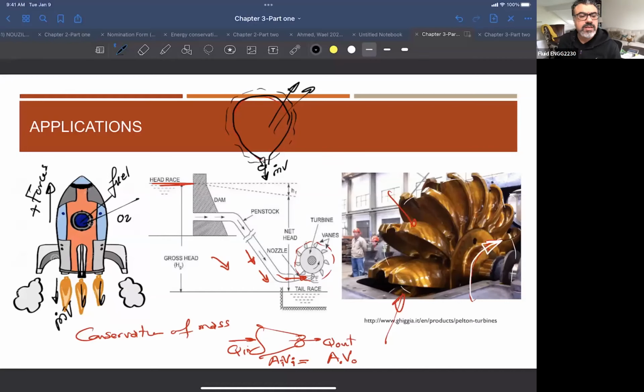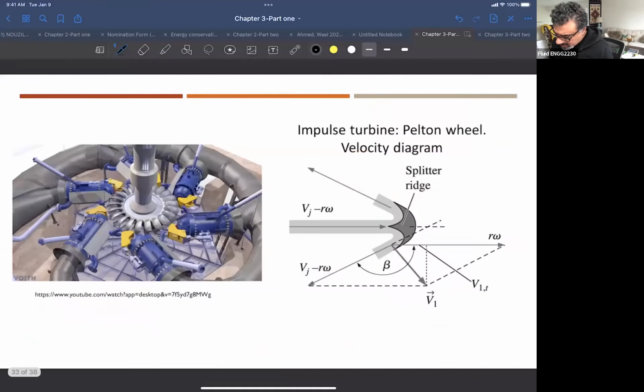And these forces are applied over the control volume of these rockets in order to move it in this direction. Okay, so the application of the momentum change in the fluids over a certain control volume has so many applications. Okay, just to give you an idea, these are the turbine blades that we're talking about. Those are the buckets here, right? This is a turbine.